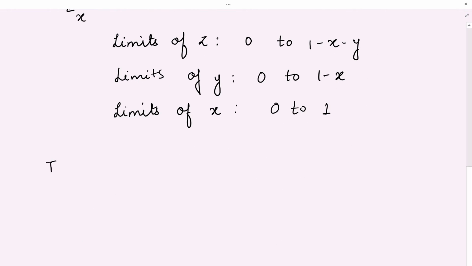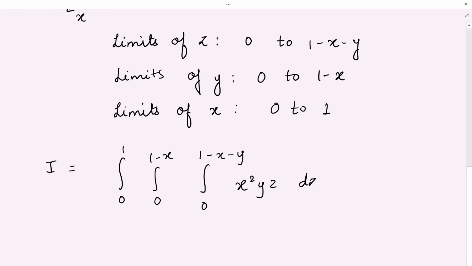So now my integration I will become 0 to 1, 0 to 1 minus x, and 0 to 1 minus x minus y, of x square yz, dz first, then dy, and then dx.